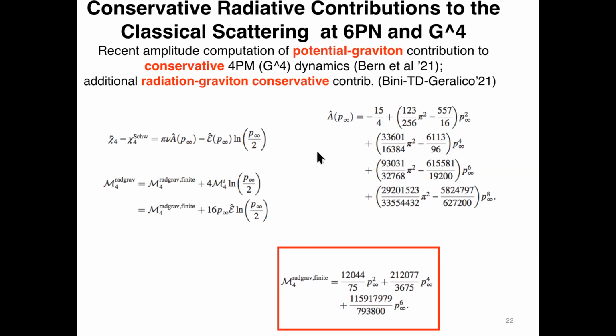And we are looking forward to the talk soon, whether they will present new results. But we computed from TuttiFrutti, that is to say, from the scattering angle computed at G^4 level and at 6PN, what would be the conservative radiation graviton contribution.